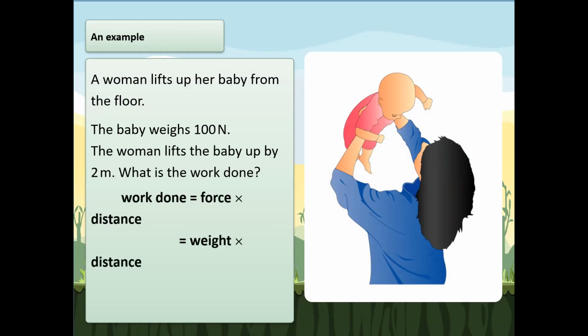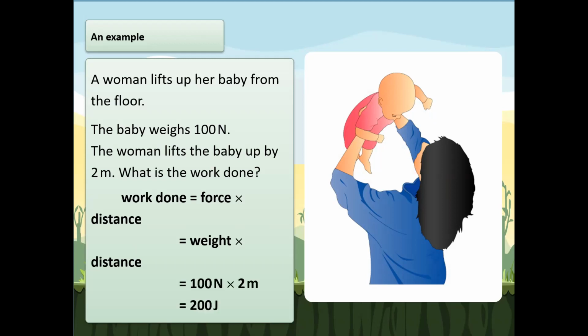So now, because the baby is moving up, we say the weight. So work done is equal to weight times distance, or force times distance. Because we are using weight, you cannot just say work done, because weight is a special force when something is under gravity. So we say GPE is equal to weight times the height.